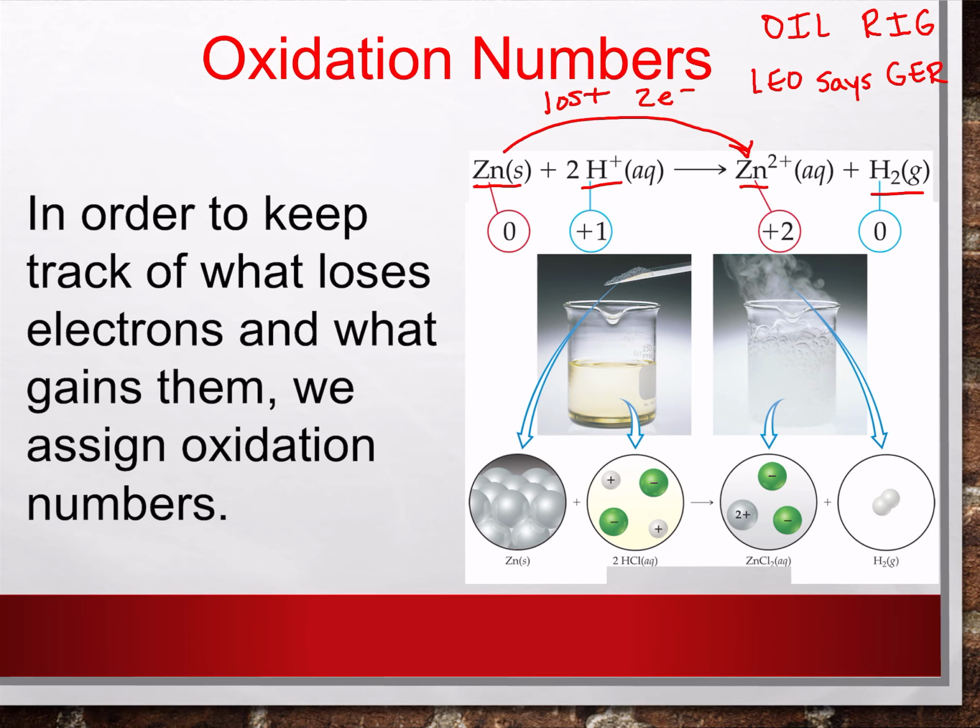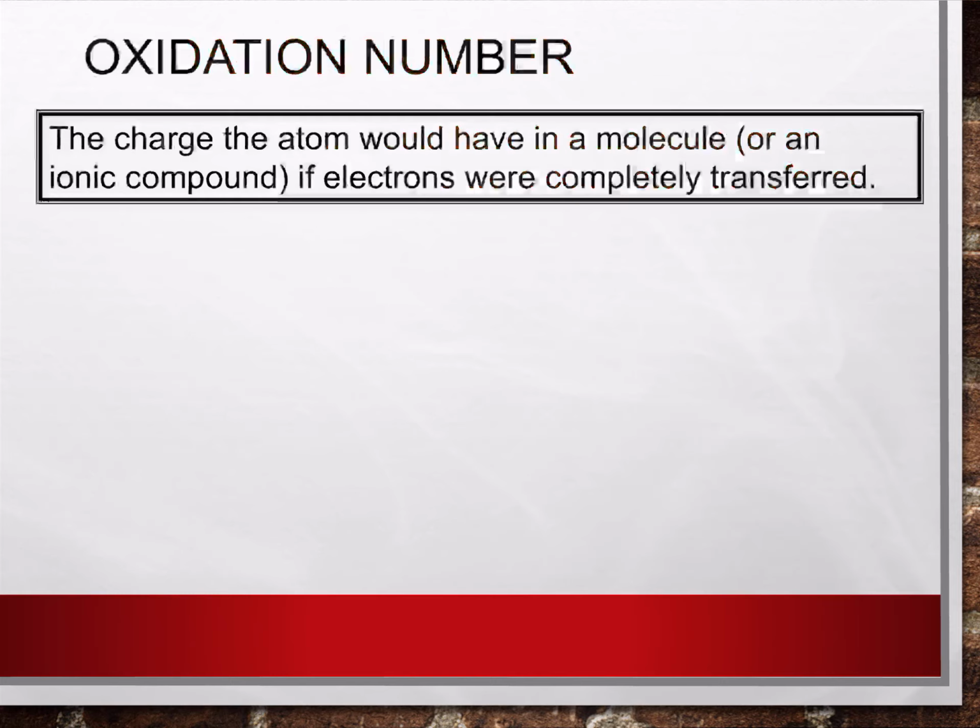So loss of electrons equals oxidation, gain of electrons equals reduction. Either way, you need to have a way to remember that if something is losing electrons, it's becoming positive. That means it's being oxidized. And here, hydrogen went from a +1 to a 0, which means it gained an electron, so it is being reduced. Okay, so you need to make sure you've got all of those definitions straight.